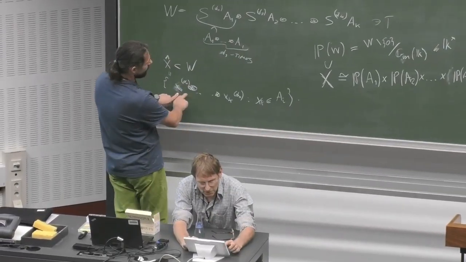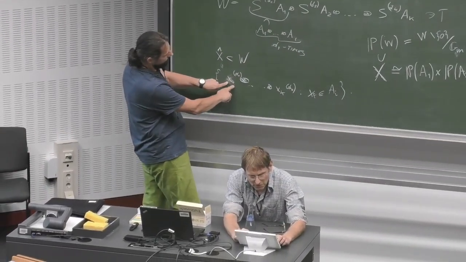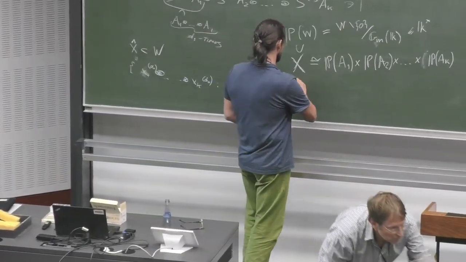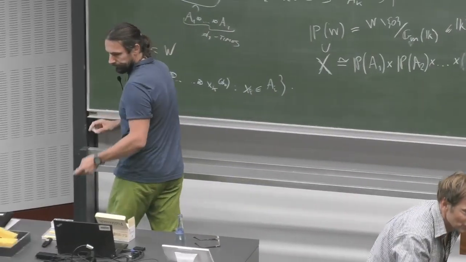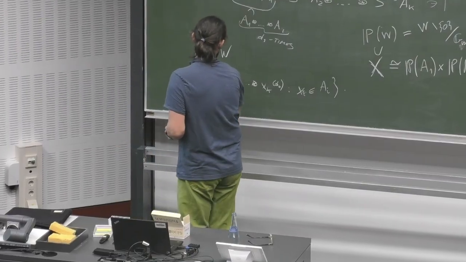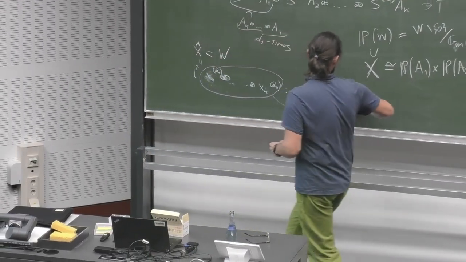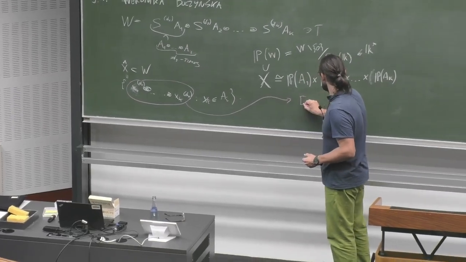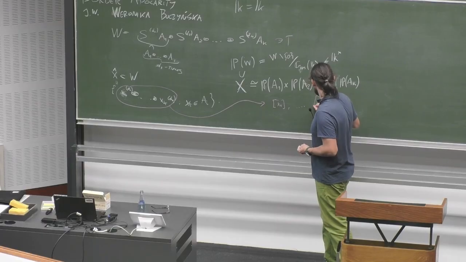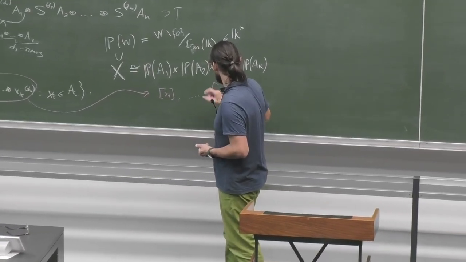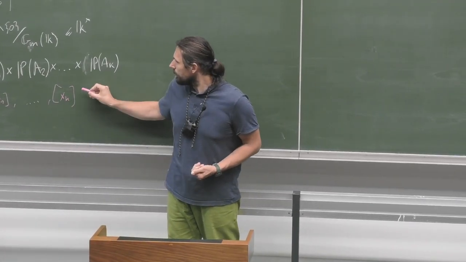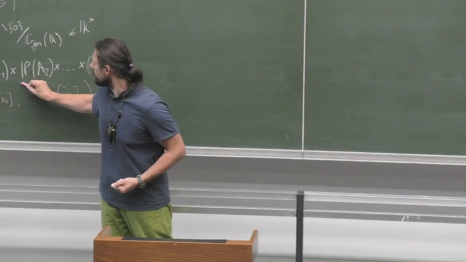So roughly what you do is you take the simple tensor like that, and you associate to it a collection of classes of x_1 up to x_k, classes modulo the equivalence. That's an element here.